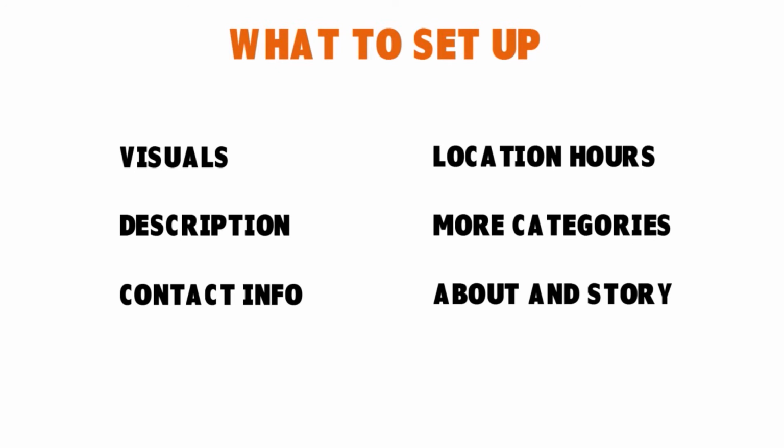You can select up to 2 more relevant categories to help potential customers discover your page. And also the about and story. You want to let people know what your business is all about, and this is in the about section. You can add a story to your page. Stories can include things like when you founded your business, what you specialize in, your mission, and much more.